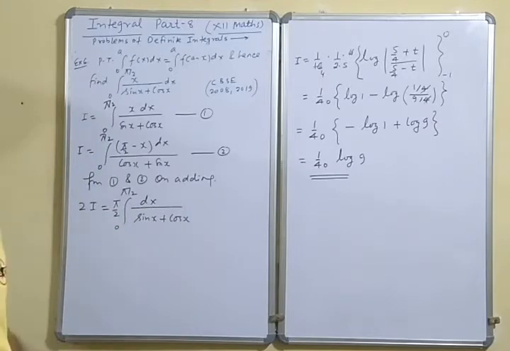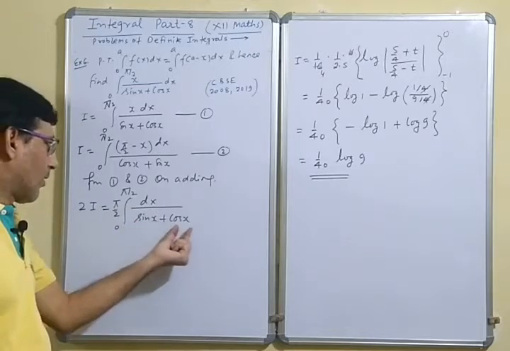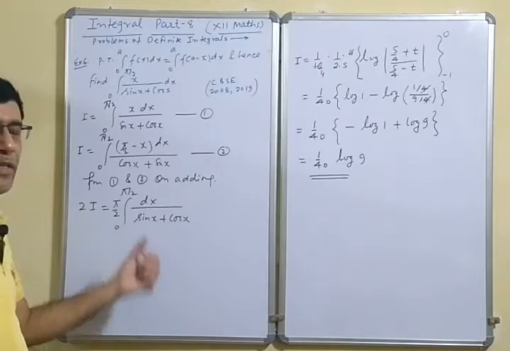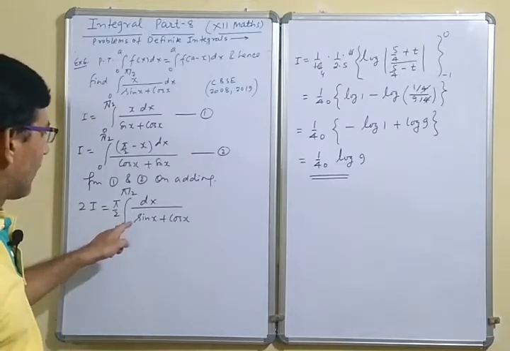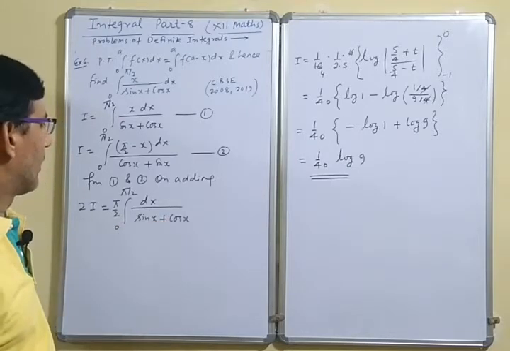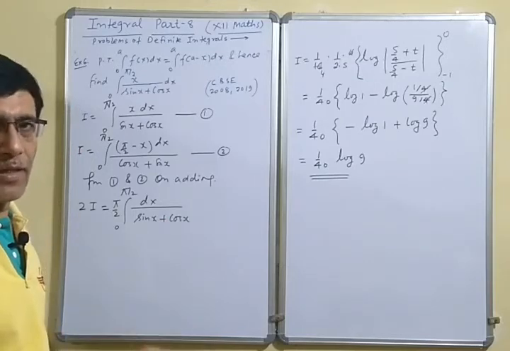Now let us see here, it has two different methods. Since this is cos x plus sin x, the coefficient is 1, so we will multiply and divide by root 2, and after that we will change it in the formula. Or there is an alternative method.